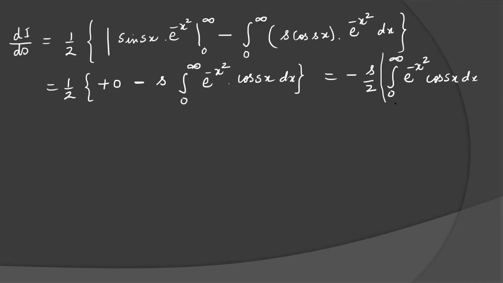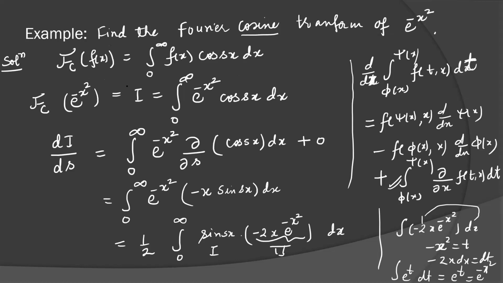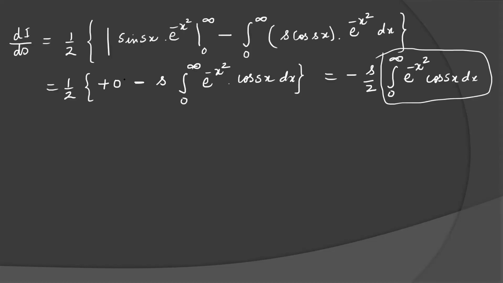If you see carefully, this is again the integration I, which I assumed earlier. So dI by ds is equal to minus s by 2 into I. Now solve this differential equation. So dI by I is equal to minus s by 2 ds.